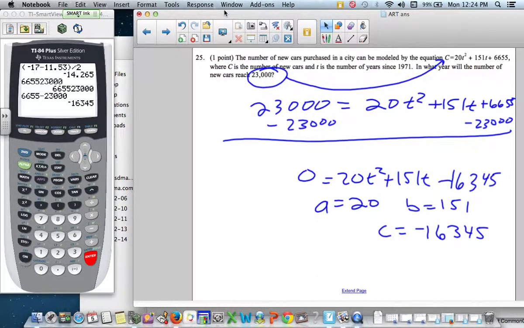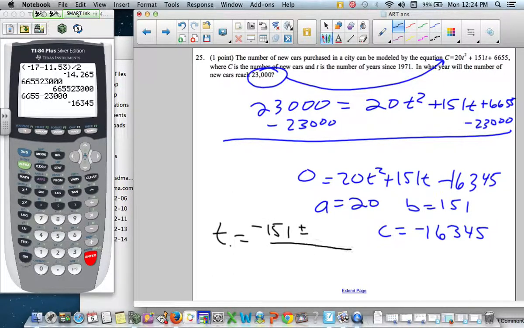So now you're going to put those into your formula. T equals, in this case we're solving for time, negative B all over 2A would be 40. And then here, I'm just going to do this part in my calculator.